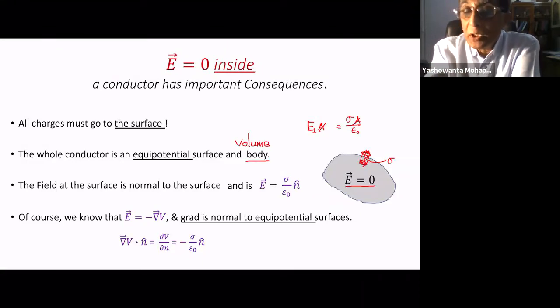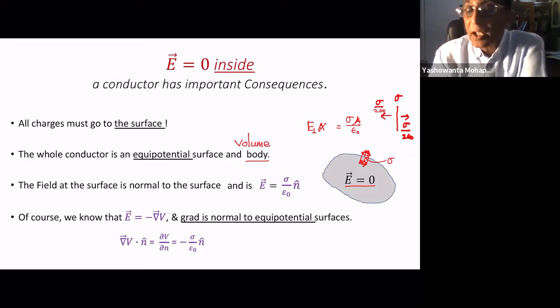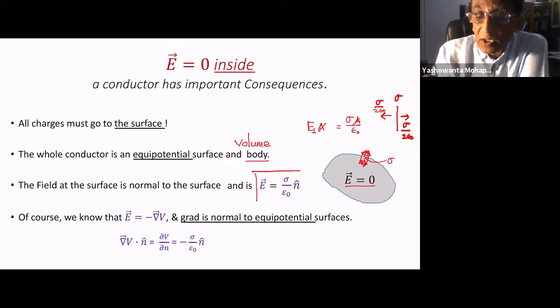You remember once we had a sigma, only sigma, it was not a conductor, then for infinite charge sigma, this was sigma by 2 epsilon naught on this side and sigma by 2 epsilon naught on this side. And now it is 0 here, and hence the same argument, E is equal to sigma by epsilon naught n. This is what we are also getting.